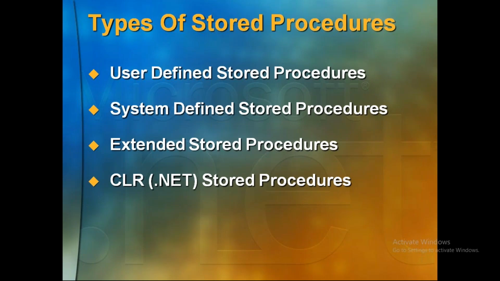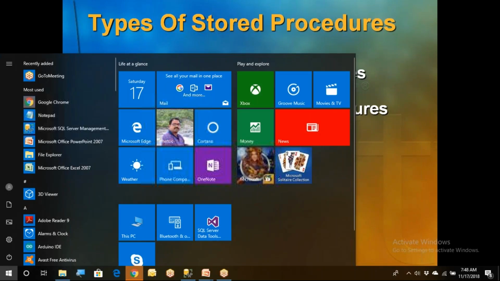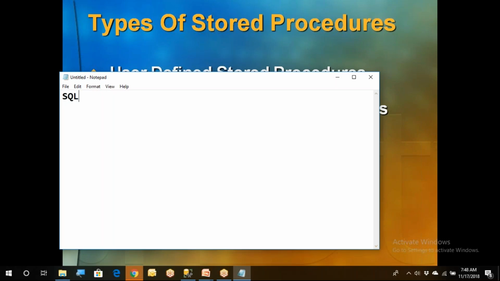So what is the code you need to write? There you have to write the SQL code, which is going to work within the SQL Server, as well as C or C++ code. When you write C or C++ code, this code will come out of the SQL Server.